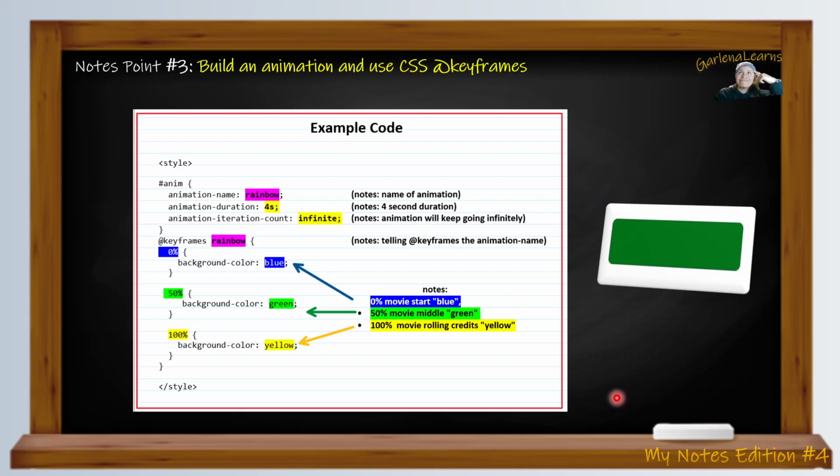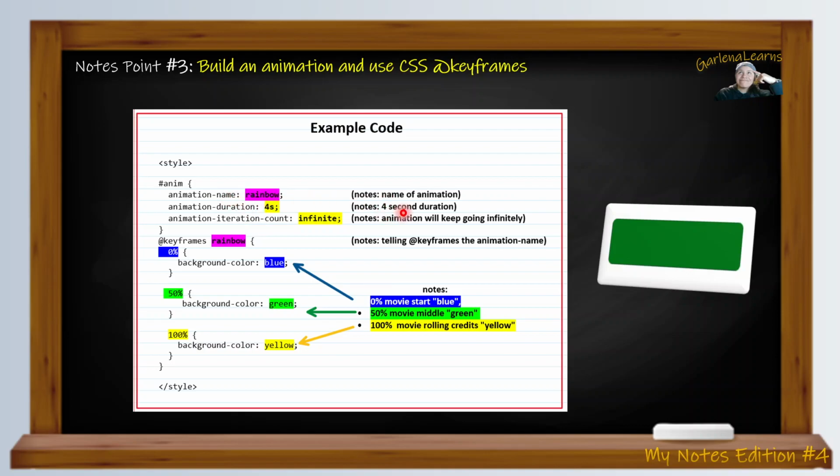So for this problem, you're going to make this rectangle change colors. You're working in the at keyframes, and the name of the animation is rainbow.